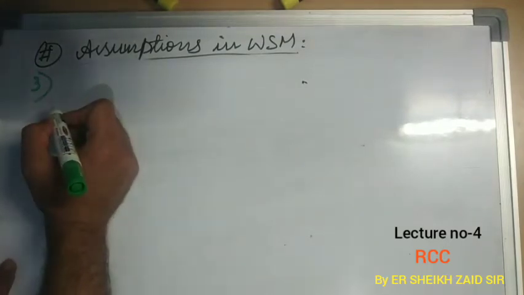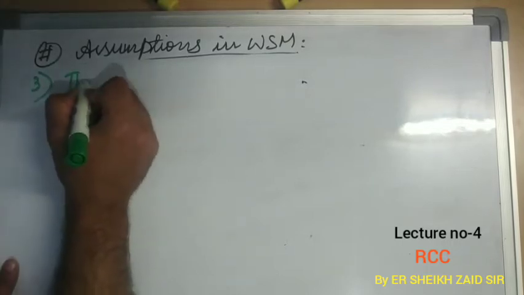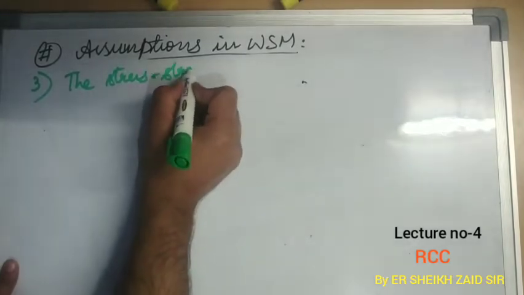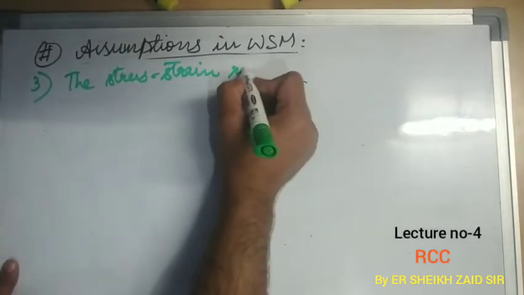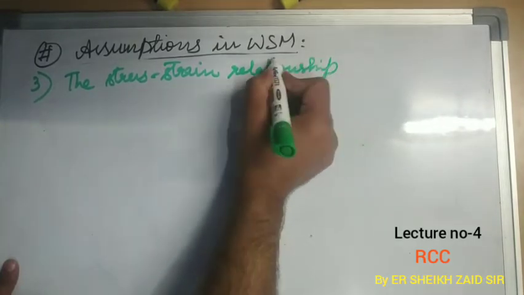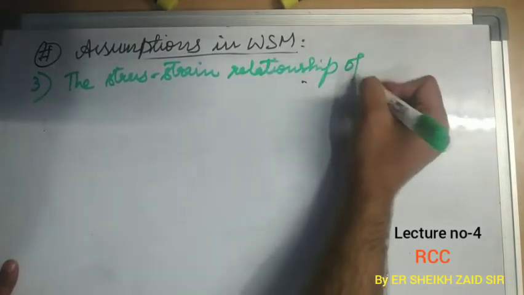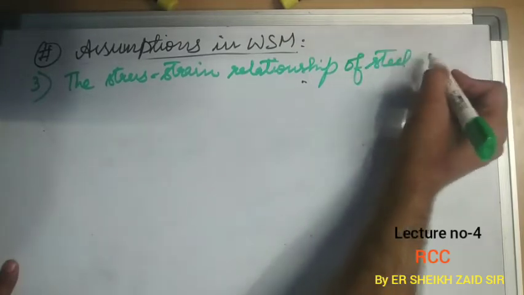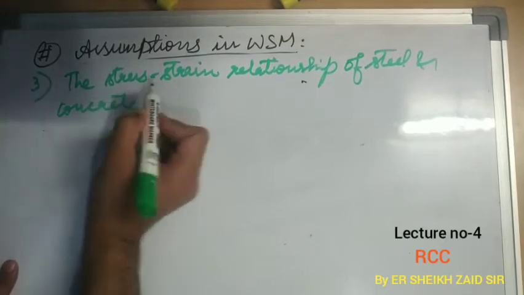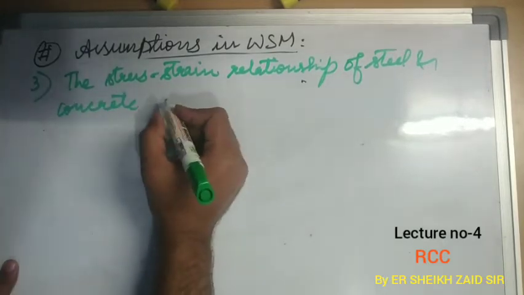The next assumption says that the stress-strain relationship of steel and concrete under working loads is a straight line.